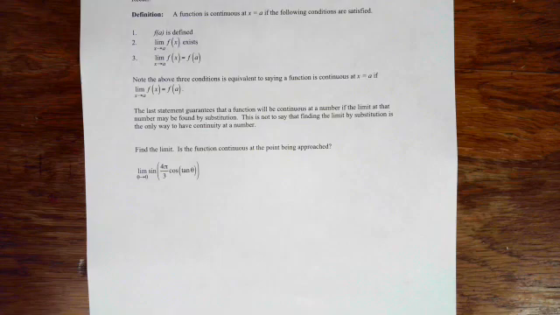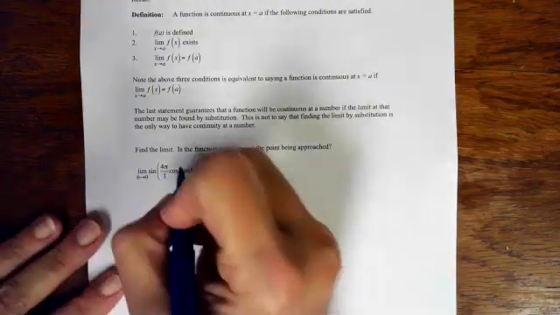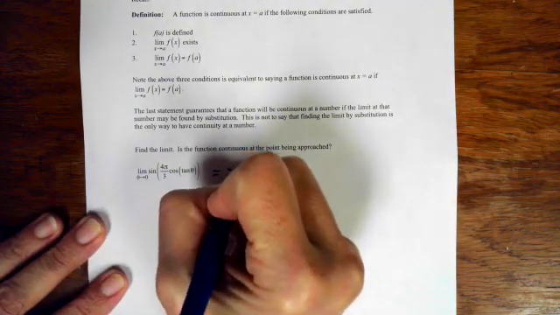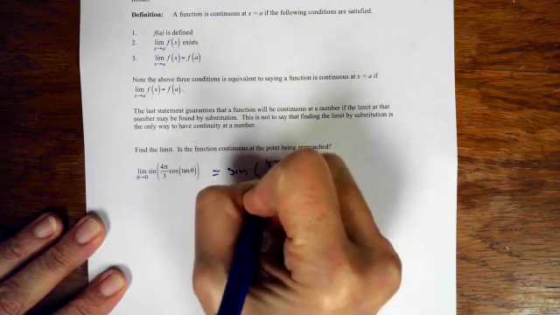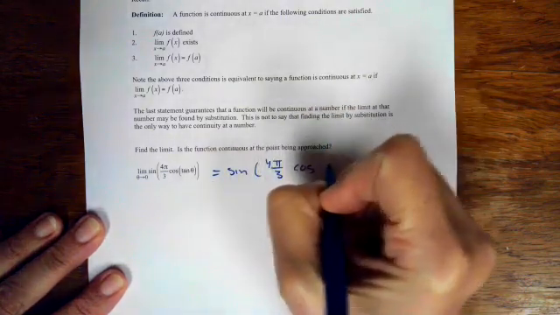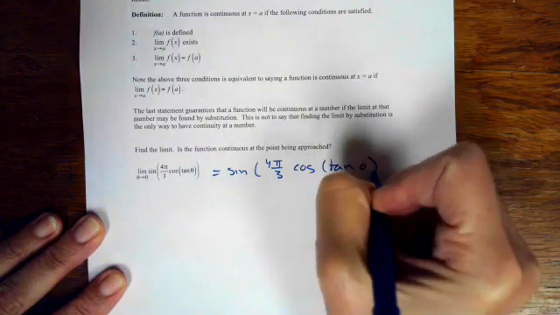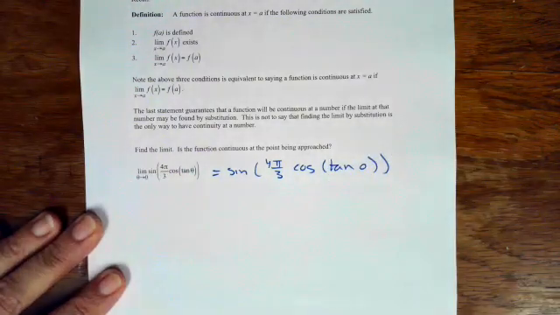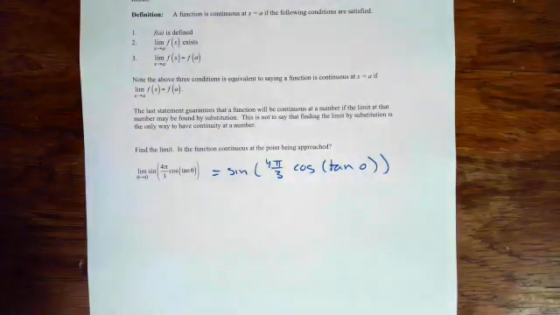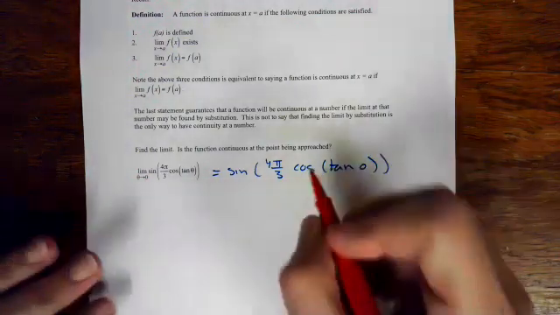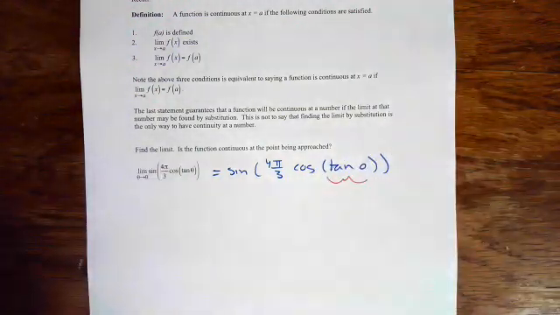So doing the limit, we start by just always substituting in. So that's going to be sine of 4 pi over 3 cosine of tangent of 0. And now we just start working that out one step at a time. I'm going to start right there with tangent of 0.